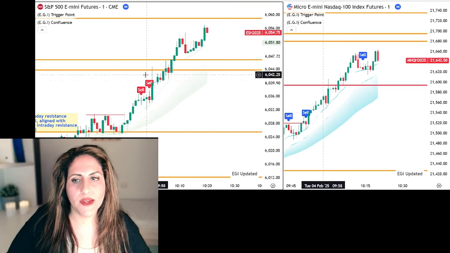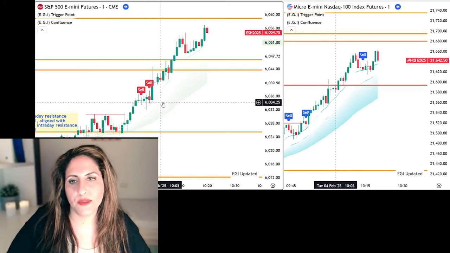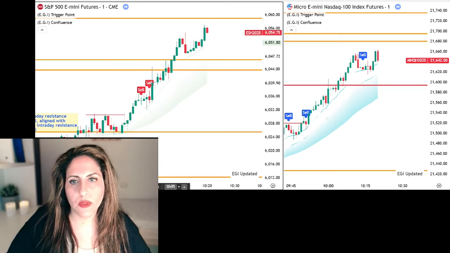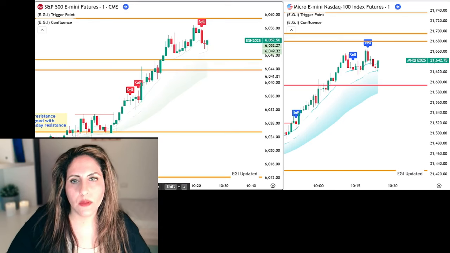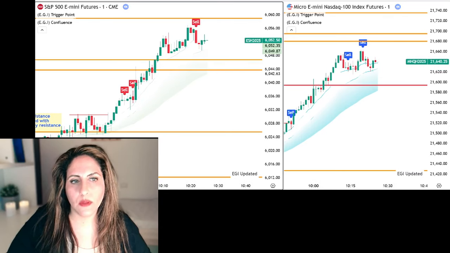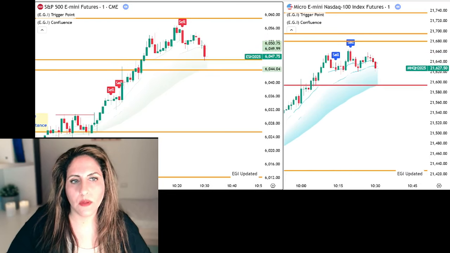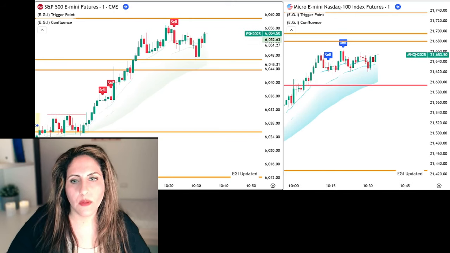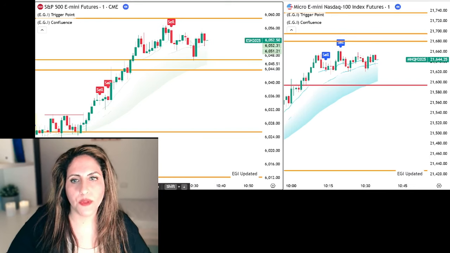As I said before, I tend to ignore confluence signals when they are generated in the middle between the levels. Strong reaction of support.